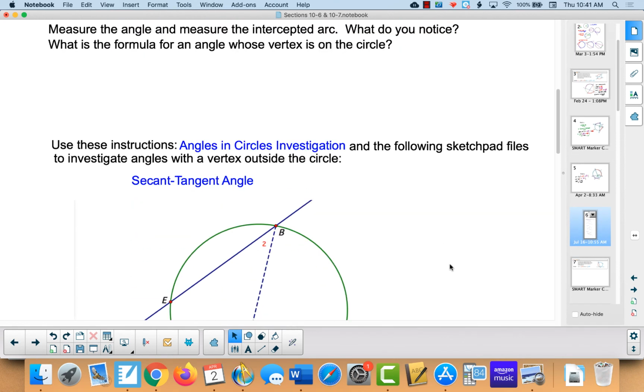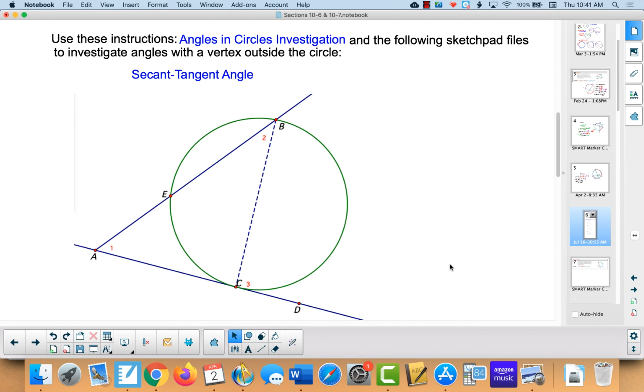So you could use that for these next investigations, plus the fact that in our triangles, the exterior angle is equal to the sum of the remote interior angles. So I'm going to use that again here for the secant tangent angle. The measure of angle 3, the exterior angle, is equal to the sum of the two remote interior angles, 1 and 2.